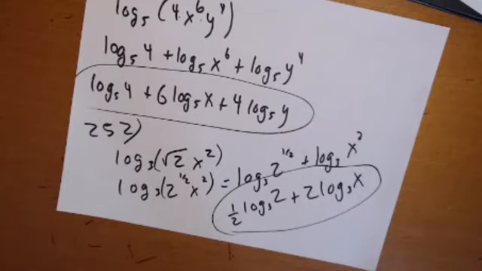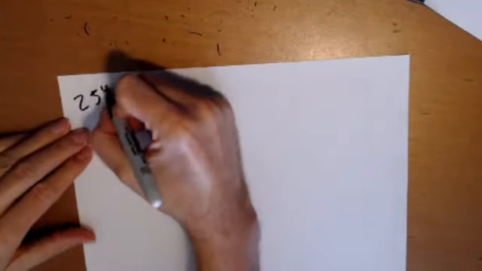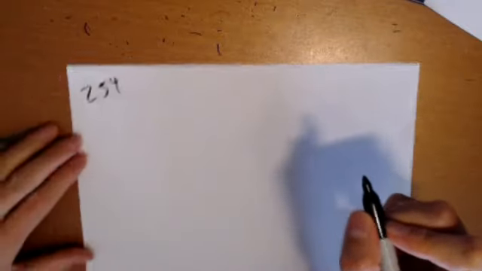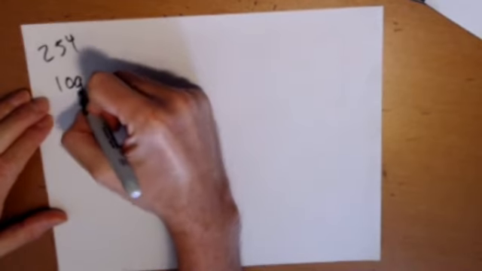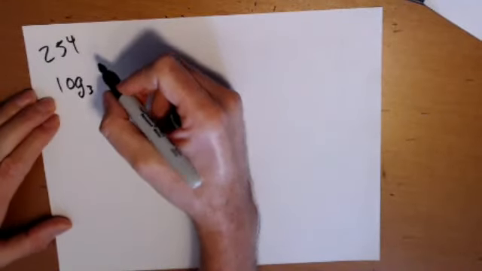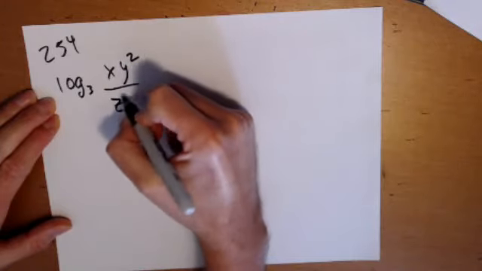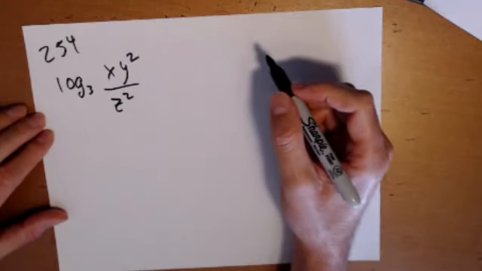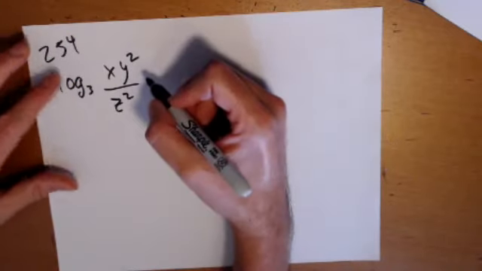Problems are getting better. 254. Log base 3 of x y squared over z squared. Those guys are on top, that guy's on bottom.